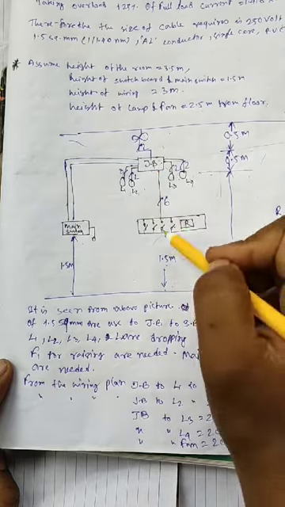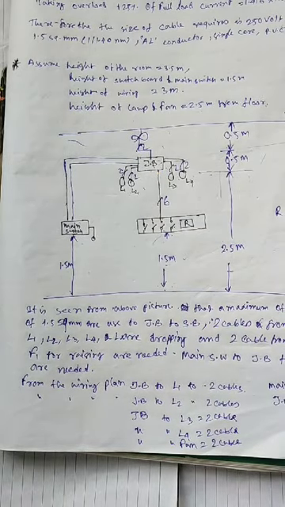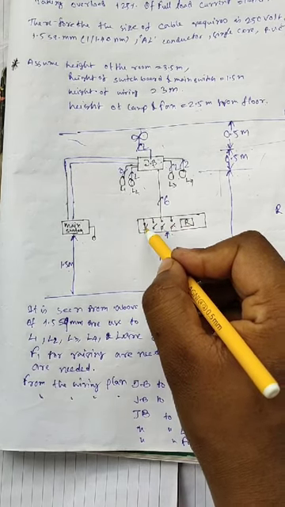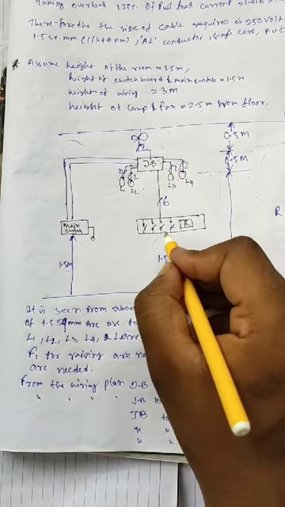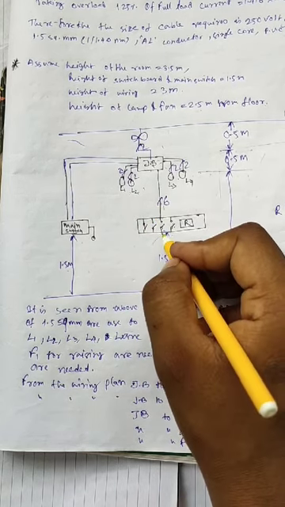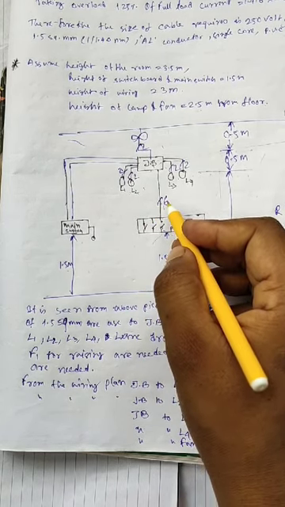Okay, junction box to switch box, there are 6 cables used because of 4 loads, 4 switch purpose 4 cables.